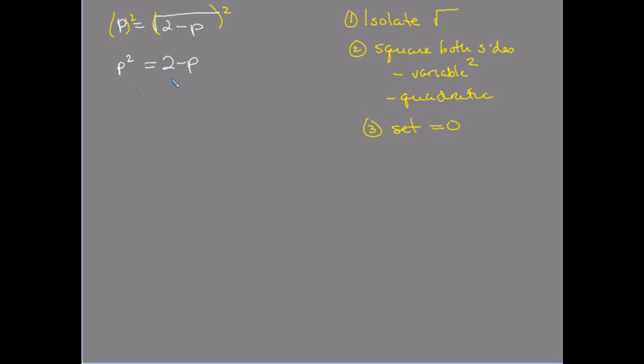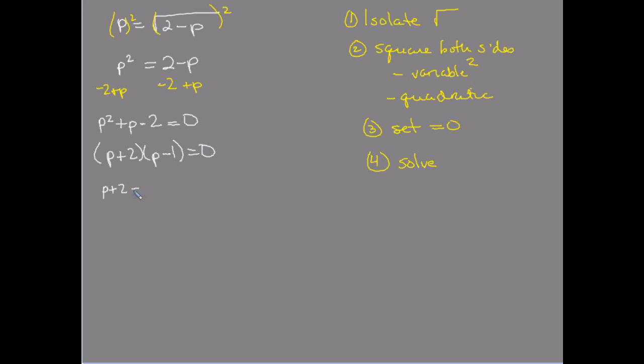So I'm going to subtract this 2 and add the p from both sides. And I will get p squared plus p minus 2 is equal to 0. And then I will solve by factoring. So I have p plus 2, p minus 1 is equal to 0.